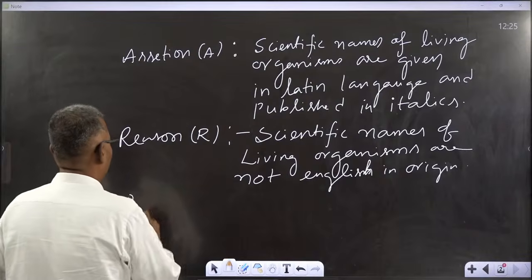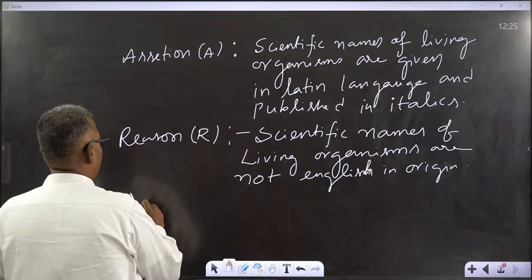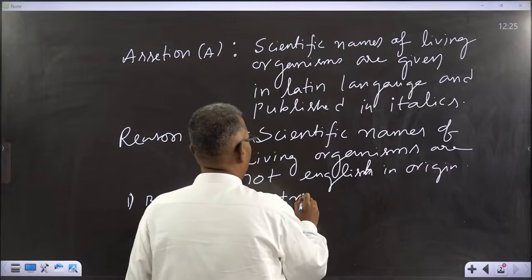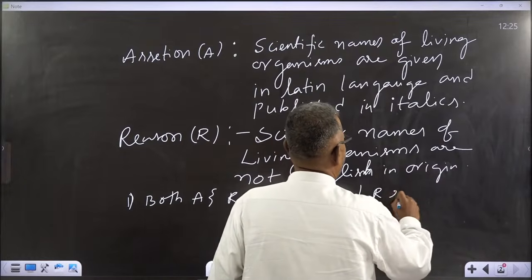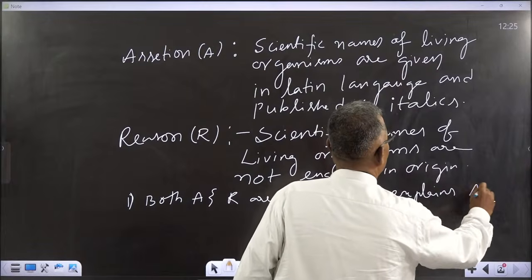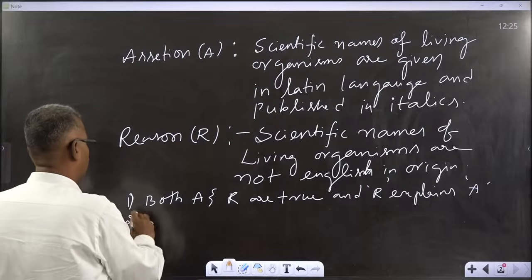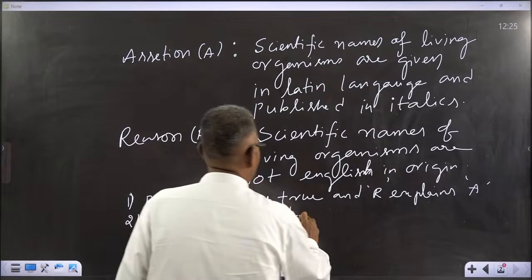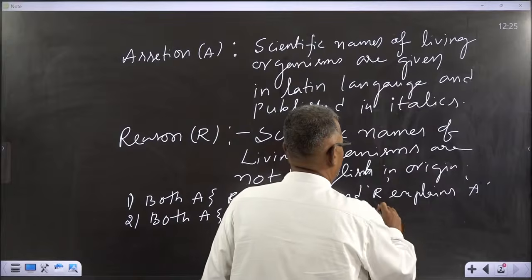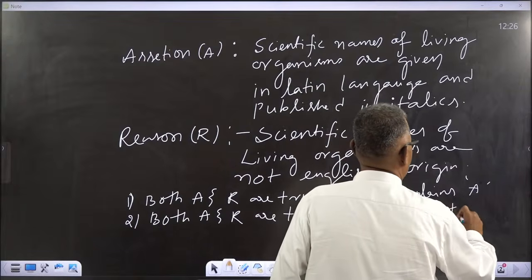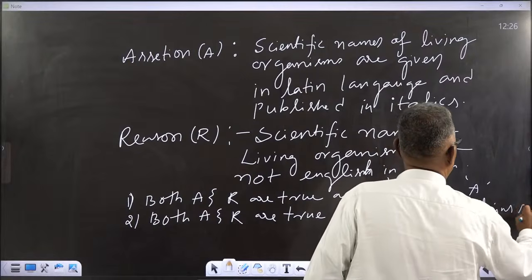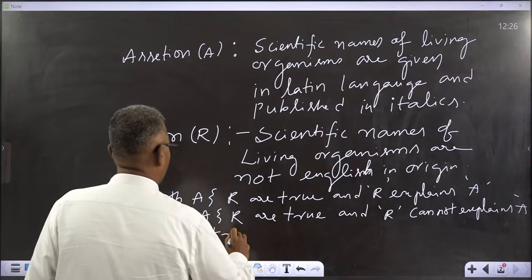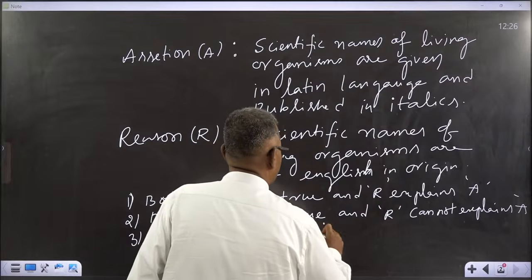Now the answer options for the same. First option, both A and R are true and R explains A. Second option, both A and R are true and R cannot explain A. Third, A is true but R is false.